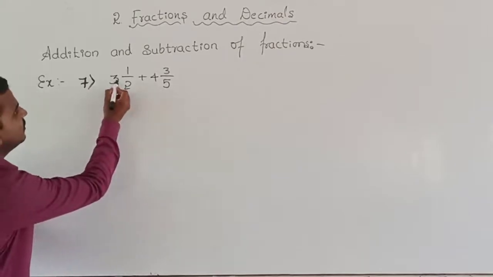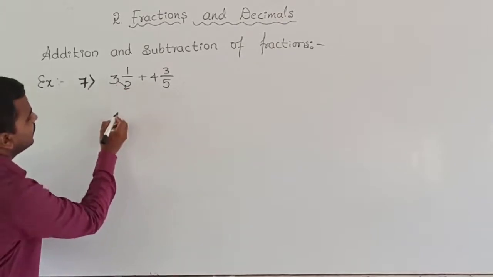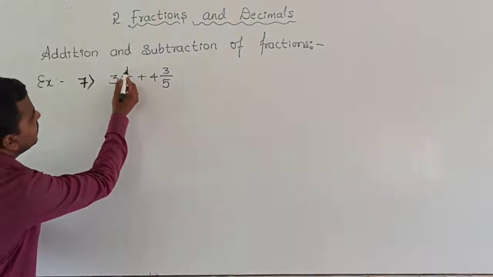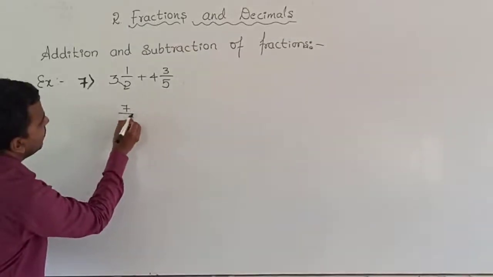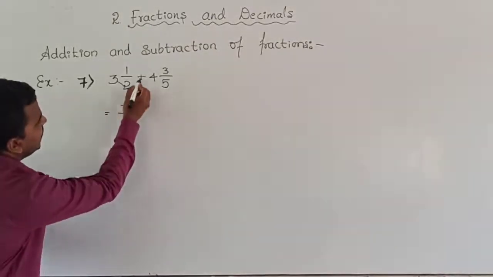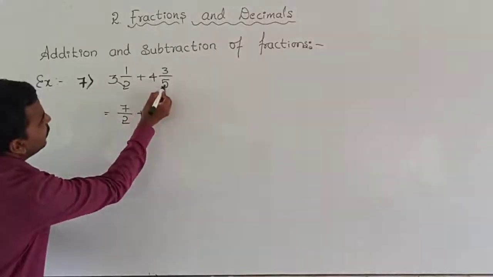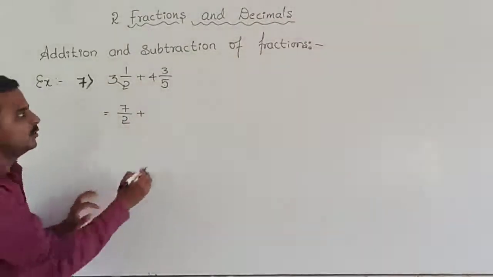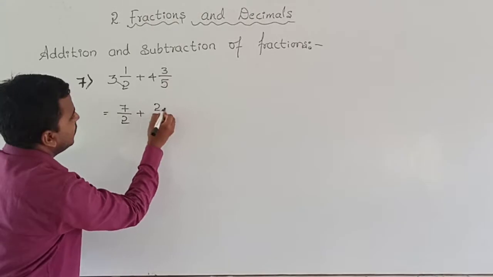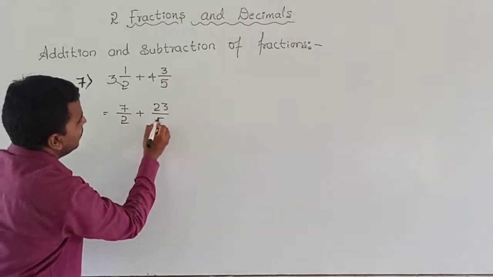Just convert this one: 3 into 2 is 6, 6 plus 1 is 7 by 2, plus 4 into 5 is 20, 20 plus 3 is 23 by 5.